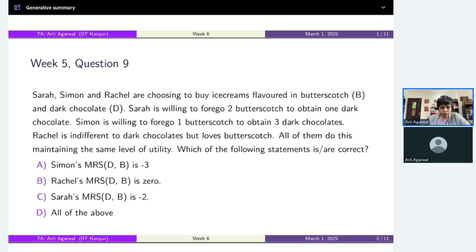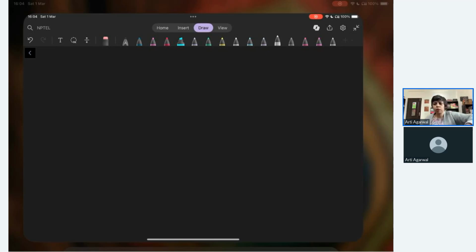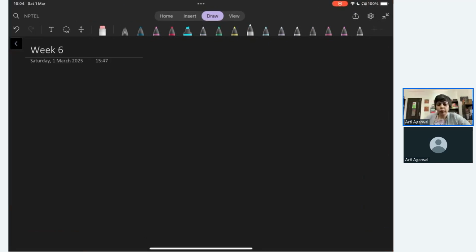Okay, so let's plot this, or let's see what we are given. We had asked the MRS of each person as MRS D comma B, which means D is on the x-axis and B is on the y-axis. Question 9.